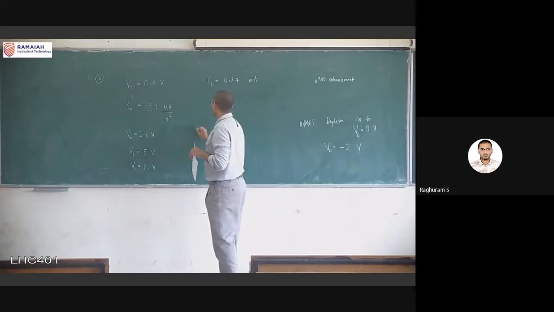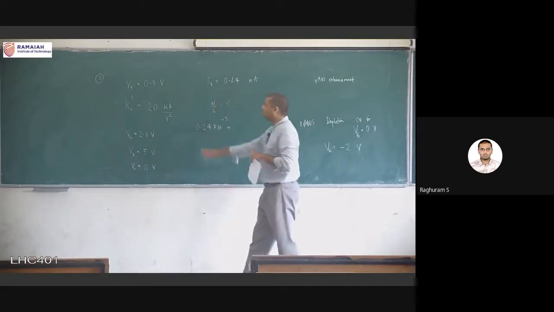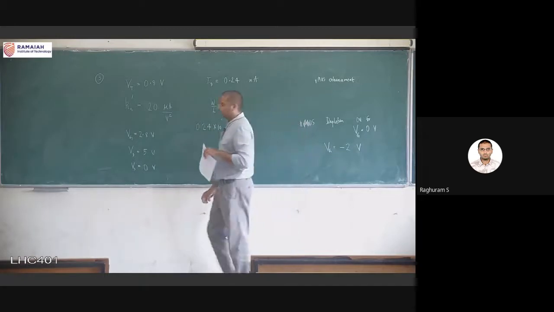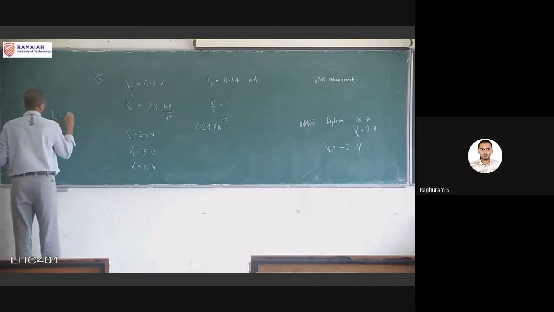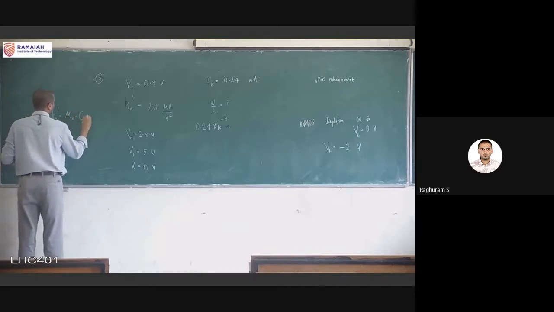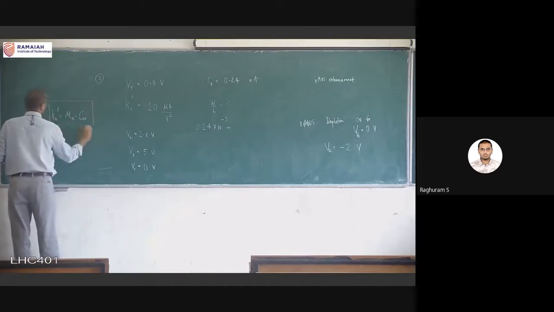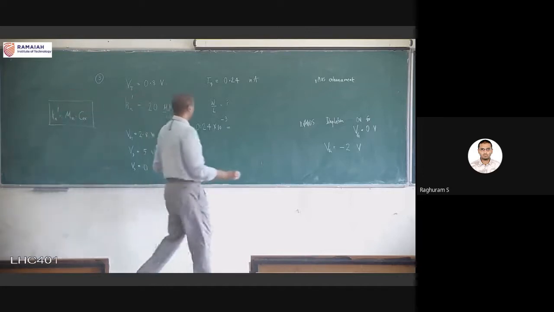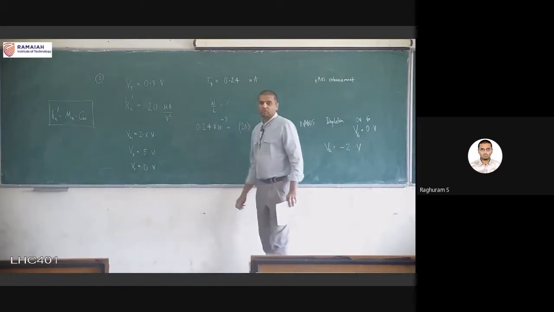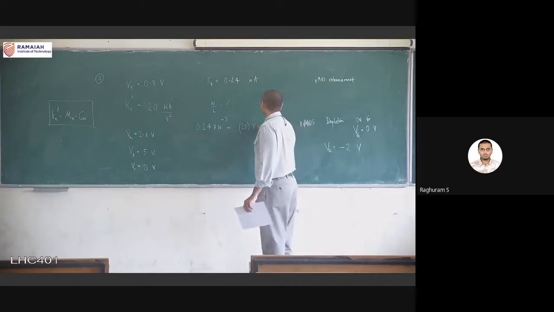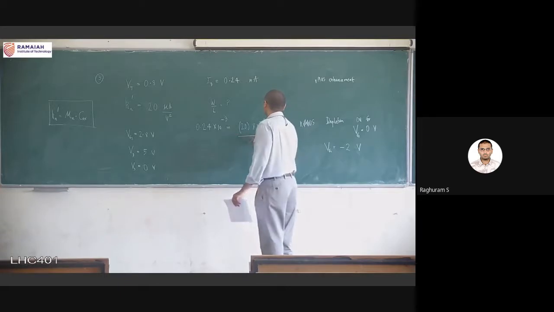We have 0.24 into 10 power minus 3 equal to, now Kn prime. So again recall, Kn prime is equal to mu n into C oxide. That is given to you here. Mu n into C oxide 20 into micro, so 10 power minus 6, into W by L, divided by 2.